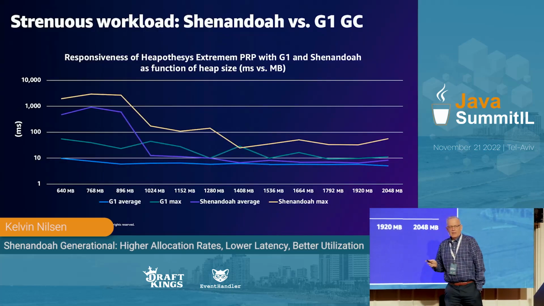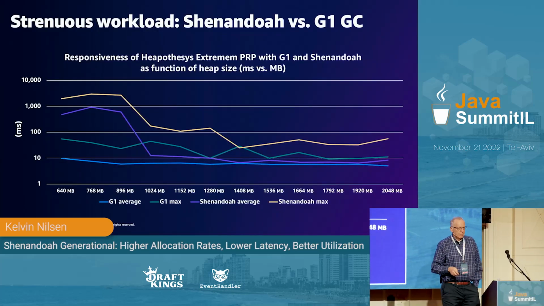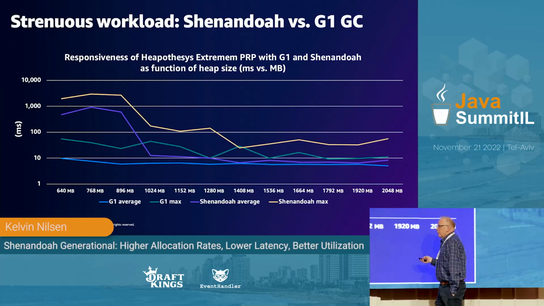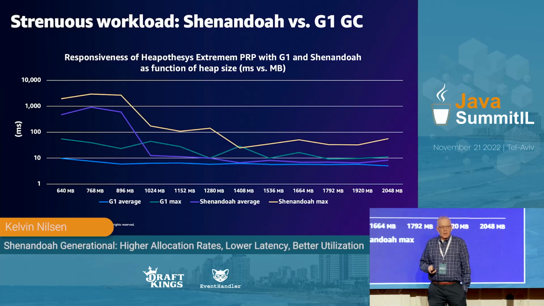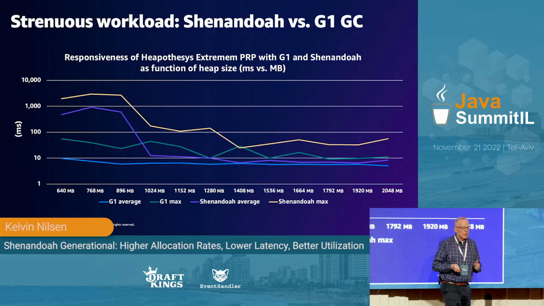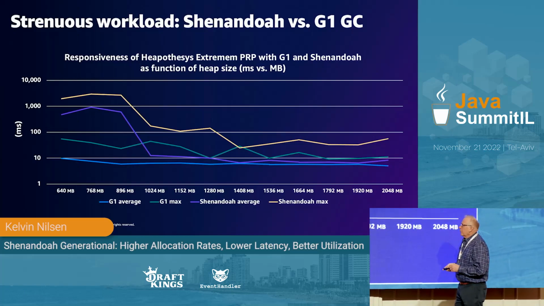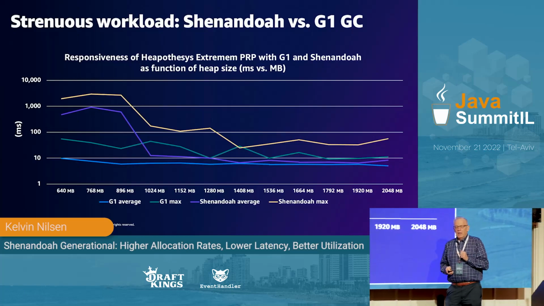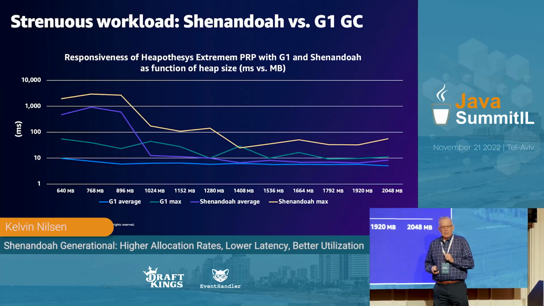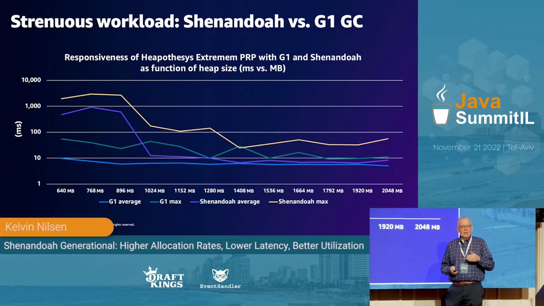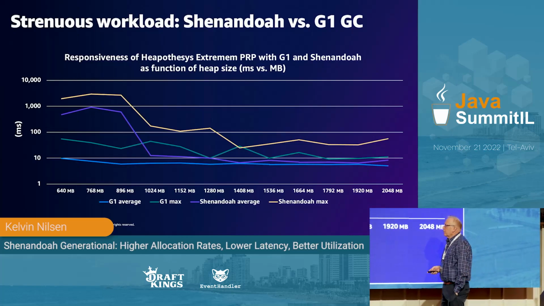Now, back at the same time, early 2020, when people were beginning to shift over to Shenandoah, we did some stress load testing. And we observed that under heavy stress, even though Shenandoah is designed to be a pauseless garbage collector, it wasn't delivering all of the benefits that our target customers were looking for.